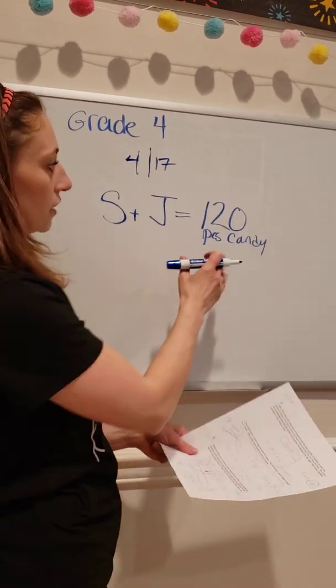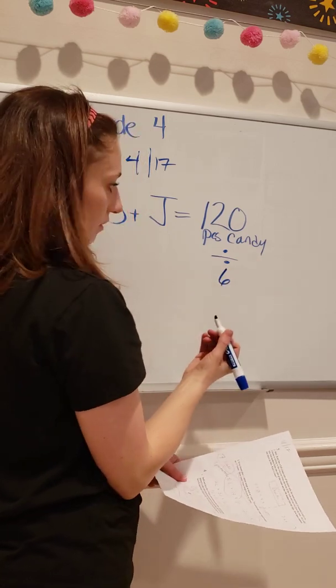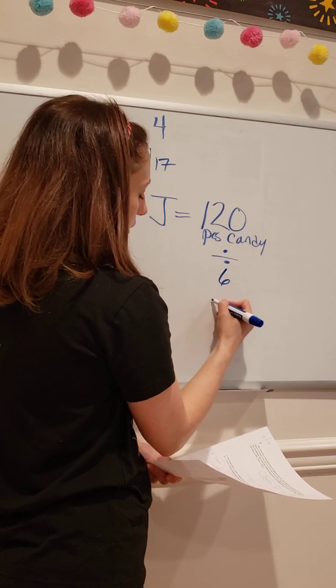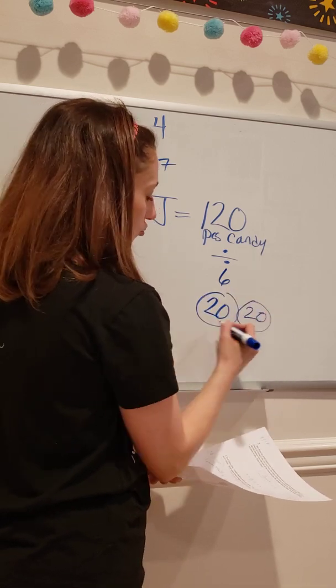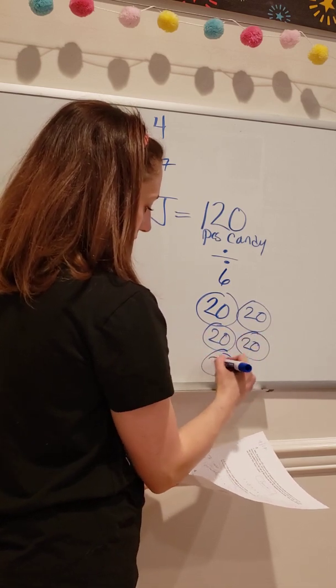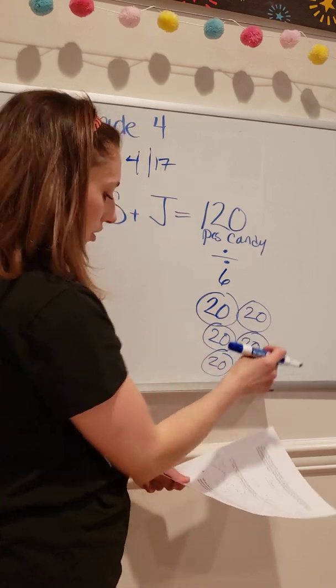I'm going to divide 120 into 6 parts, and I'm going to show you why. 120 divided by 6 would be 20 in each part. So I'm going to draw that out. 20, 40, 60, 80, 100, 120.